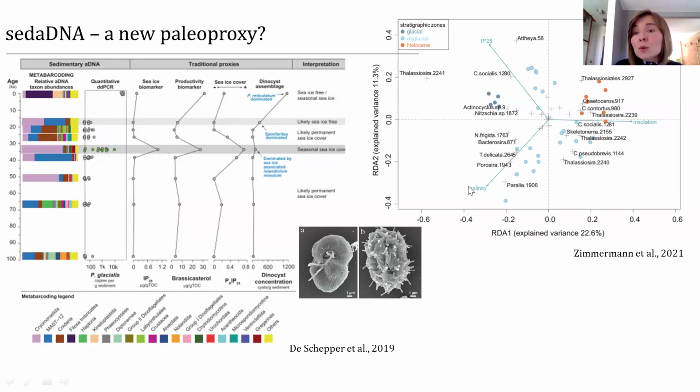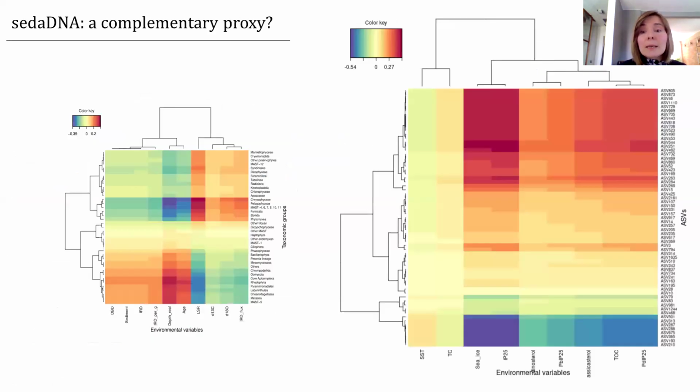Also, some authors tried to correlate diatom data with environmental conditions and the Holocene development of the environment. But most of the studies were based just on a simple comparison of proxies. So we analyze well-known, well-described, well-established proxies, and compare them to genetic records and just see if there is a match.